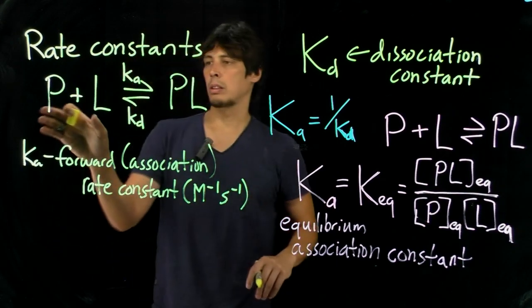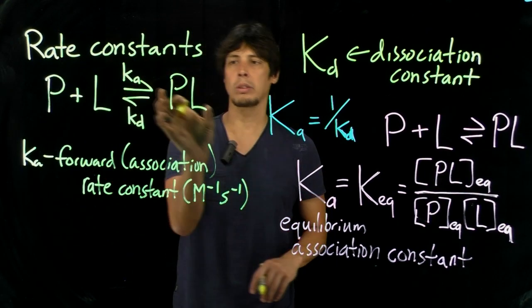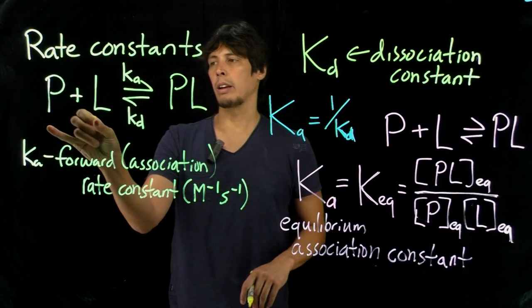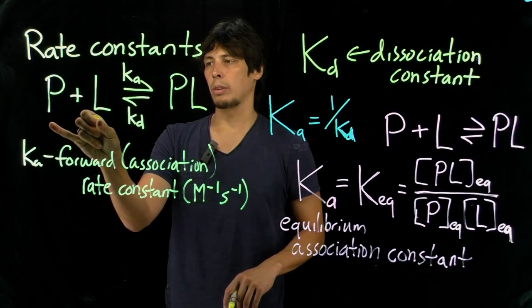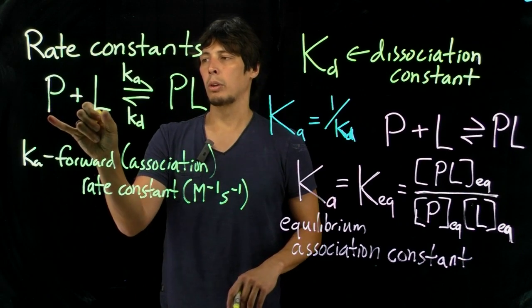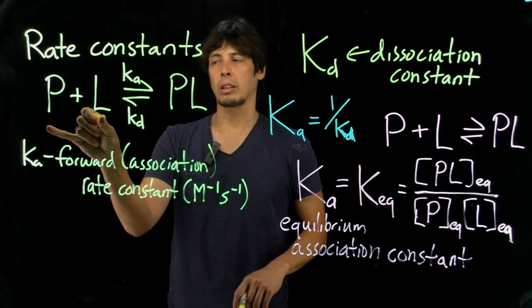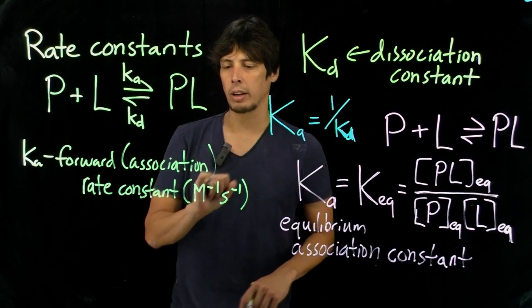And that's because going from the left-hand side to the right-hand side, we have a bimolecular reaction. So we have both protein and ligand on this side, whereas on the product side we only have one.